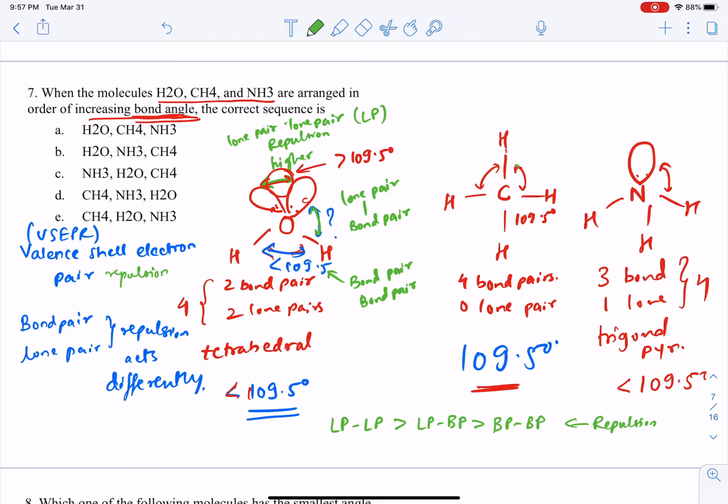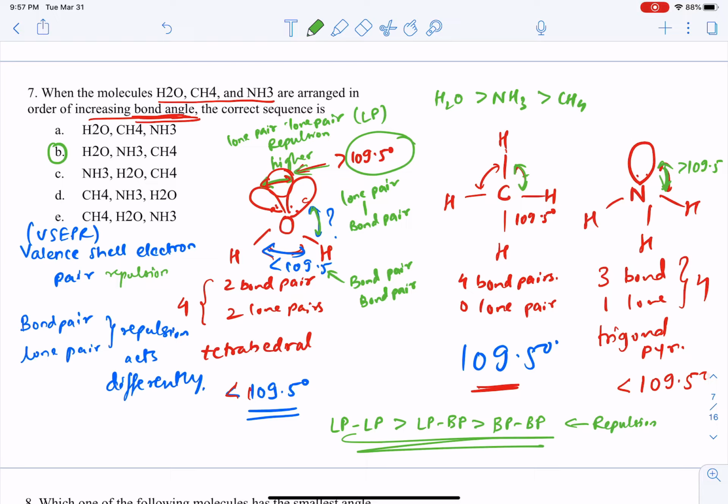Repulsion would be higher compared to this bond over here. So definitely the angle would be greater than 109.5, but this repulsion, as we know from this theory, will be less compared to this repulsion here. That's why the angle in H2O, that is the two lone pairs, will be higher compared to NH3 compared to CH4. So your answer comes out to be B.